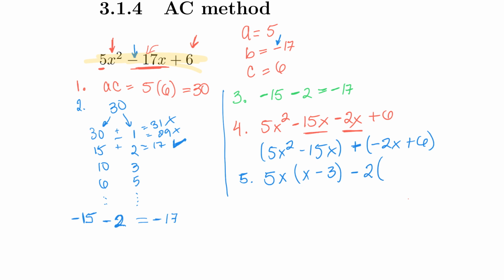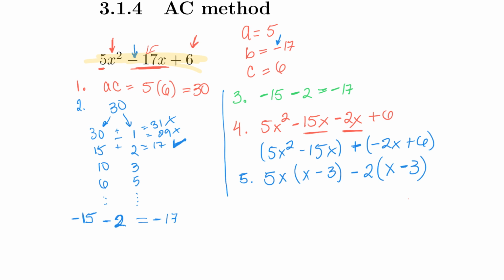Then between the parentheses, it should be x and then minus 3. And to check this, we do minus 2 times x is minus 2x. Then minus 2 times minus 3 is plus 6. And this way, we reorganize the polynomial and apply the greatest common factor.